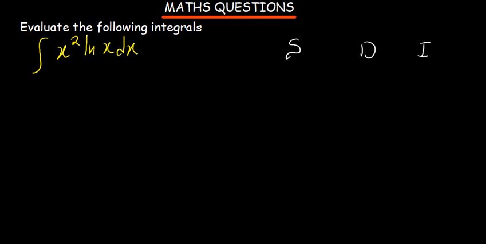Okay, so this is the only case where you can't put natural log under integration, because you don't know the integral of natural log of x. You need to use this method just to find the integral of natural log of x.